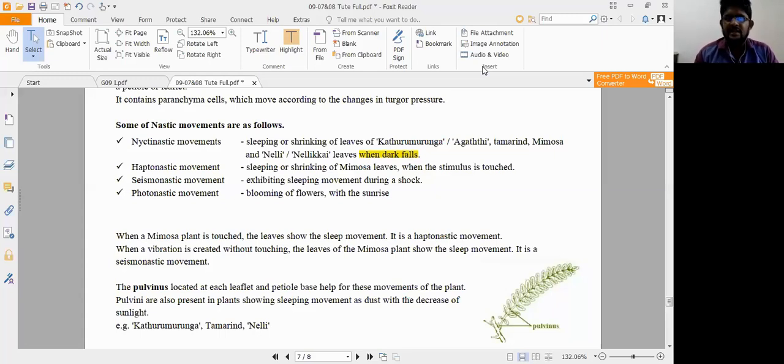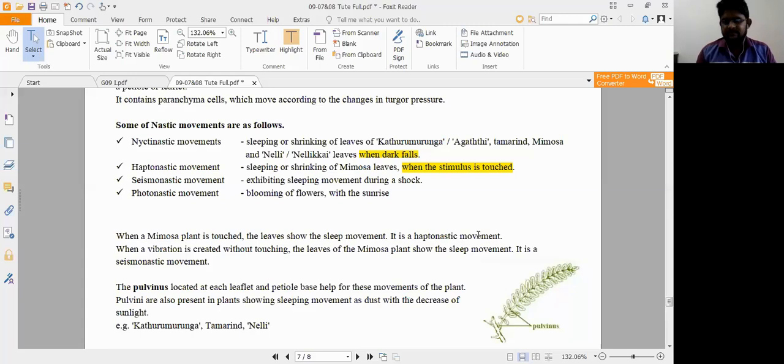So they are called nictinastic movements. And the second one, the same way, sleeping or shrinking of leaves, but when the stimulus is touch. Just imagine mimosa leaves, touch-me-not plants. When you touch them, they will be shrinking, they will be sleeping. That is haptonastic movement.